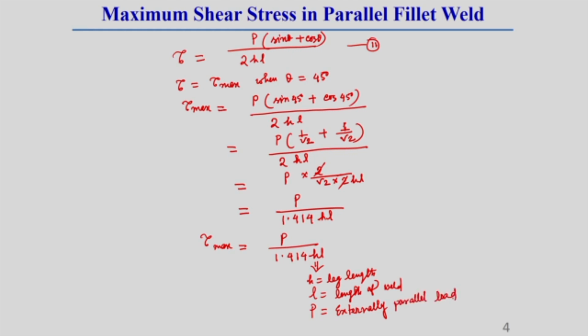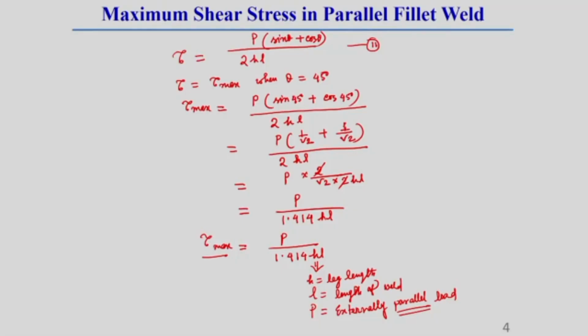I am writing parallel because it is parallel to the line of this weld. So, we got the maximum shear stress and the plane on which it acts for a parallel fillet weld, which we can find by using this methodology.